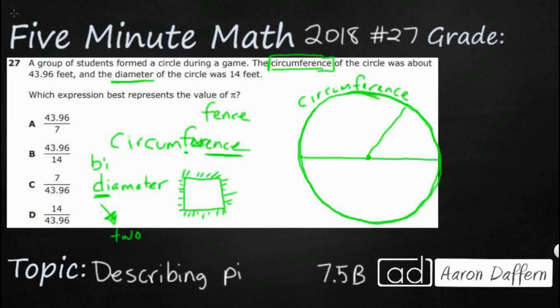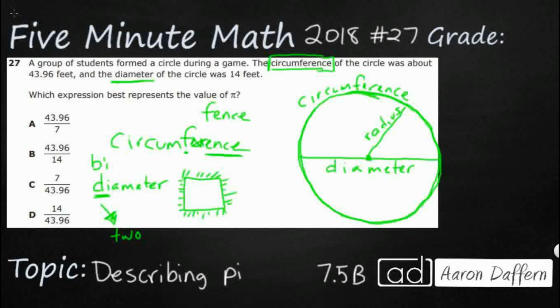So think about the line that cuts your circle into 2 equal parts going through the middle, and it's this big line right here. So this is your diameter. It is a line that goes from side to side, and it has to go through the center. This last one we're actually not going to use right now, but it's called the radius, because it radiates from the center out to the side.